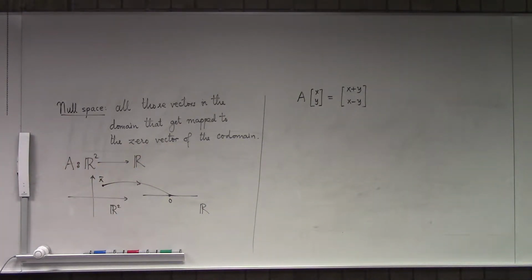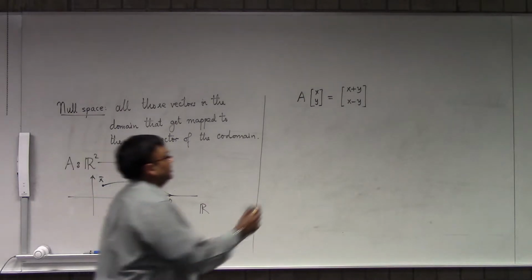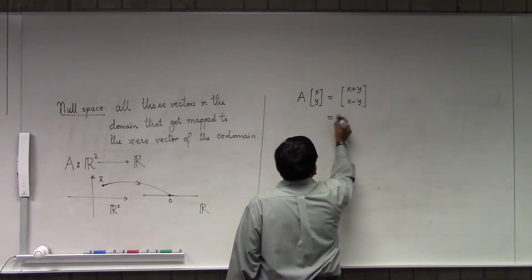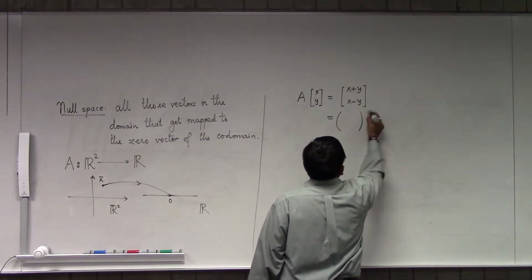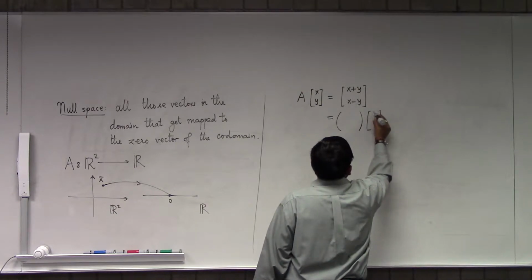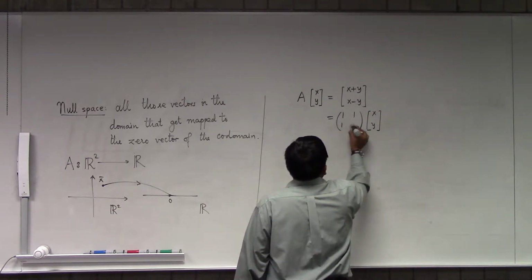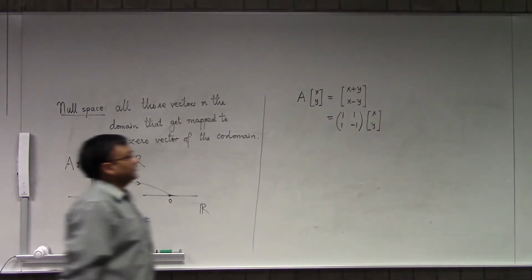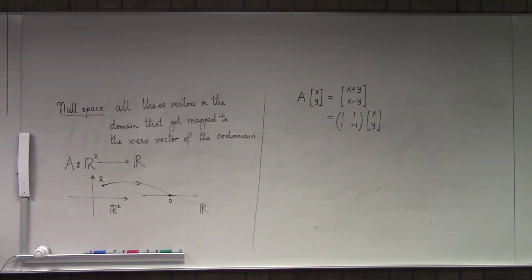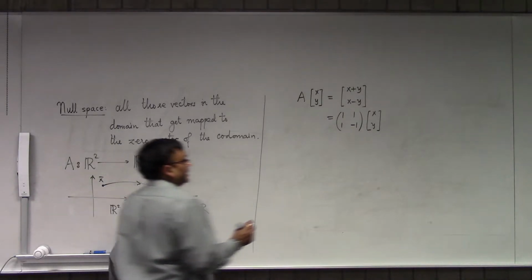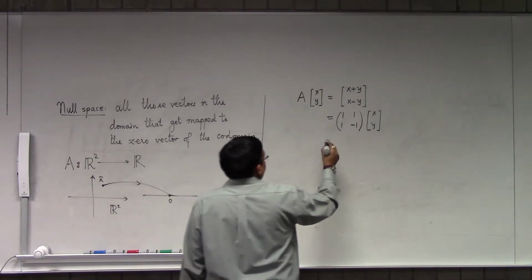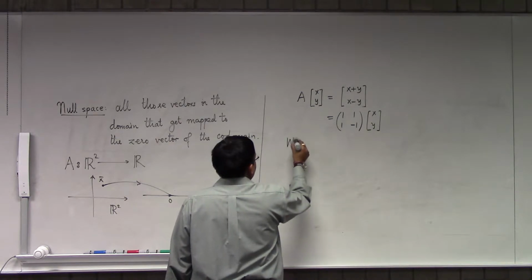We can check that it is a linear transformation in many ways, but let me not focus on that. Let me show you something else. I can think of it as a matrix multiplication, [[1, 1], [1, -1]] times (x, y). So basically this function can be thought of as a matrix multiplication, and we want to figure out what is the null space of this.